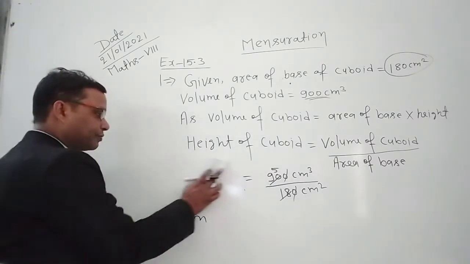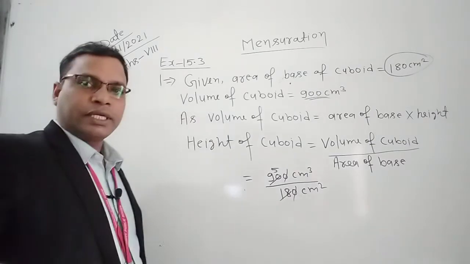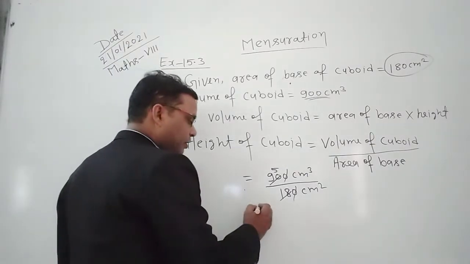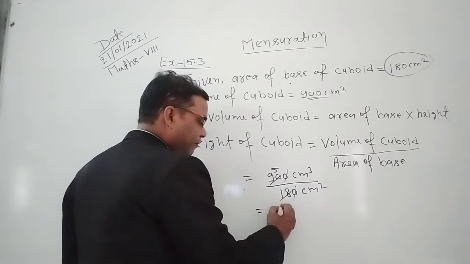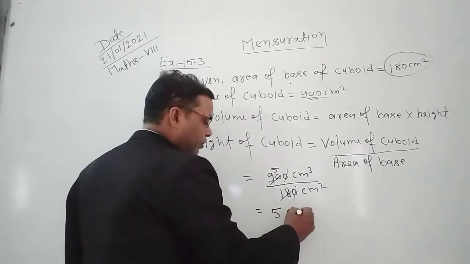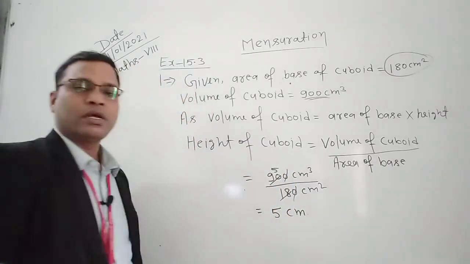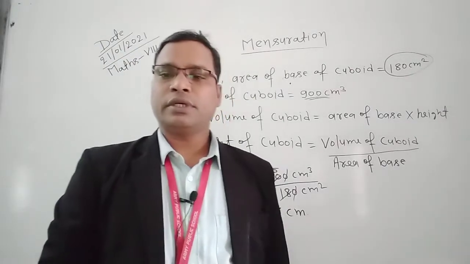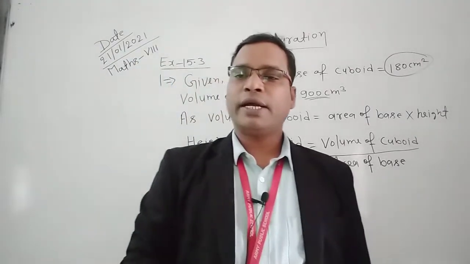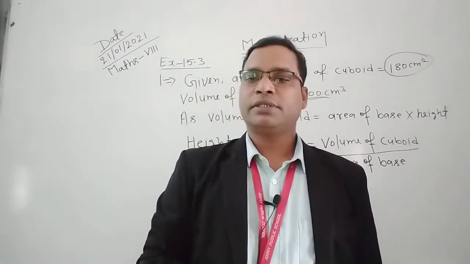So we get 5 centimeter. The height of the cuboid is 5 centimeters.